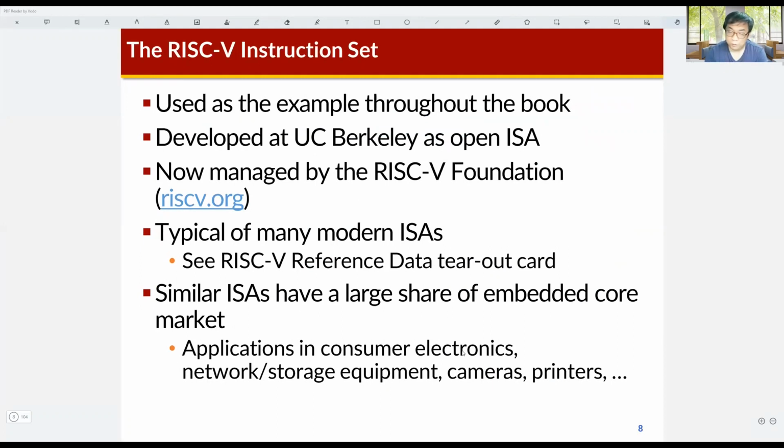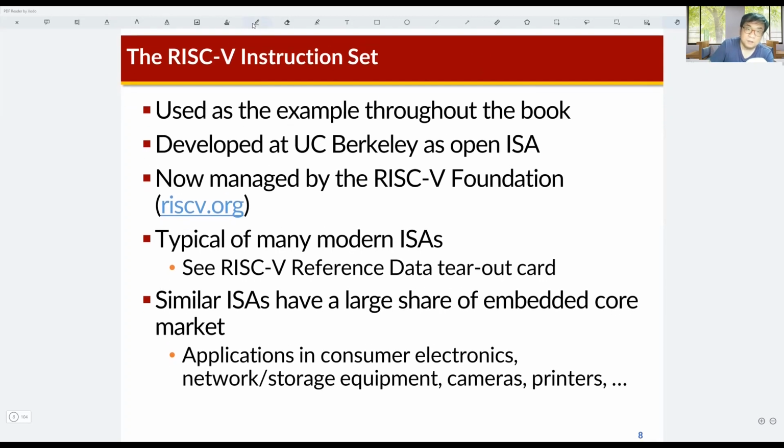In this course, we will focus on the RISC-V instruction set. The RISC-V instruction set is a RISC type instruction set architecture. Actually there are two types of instruction set architecture: RISC type and CISC type.